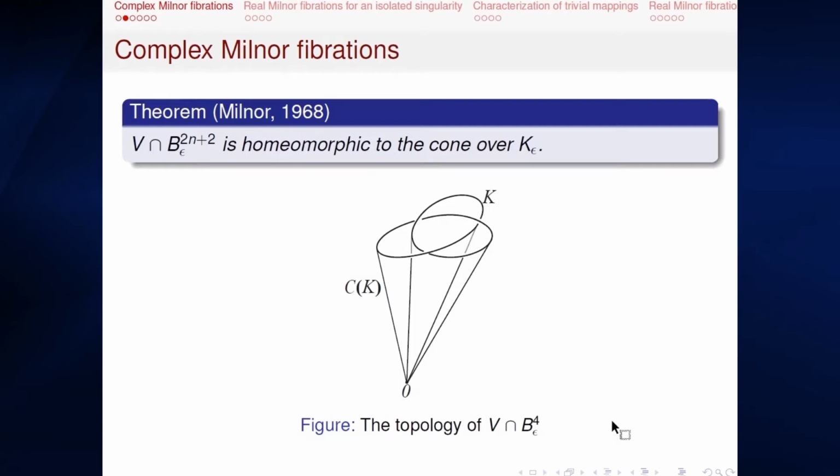According to Milnor, the topology of V within the small ball is closely related to the topology of the link. More precisely, the intersection of V and a small ball is homeomorphic to the cone of the link.